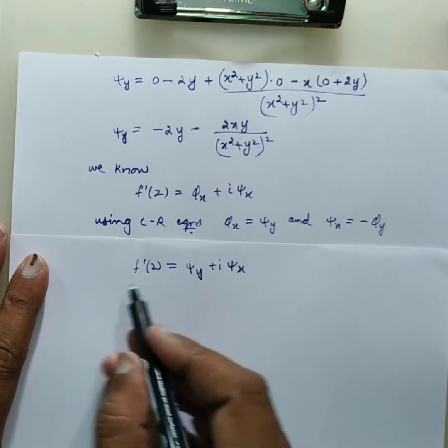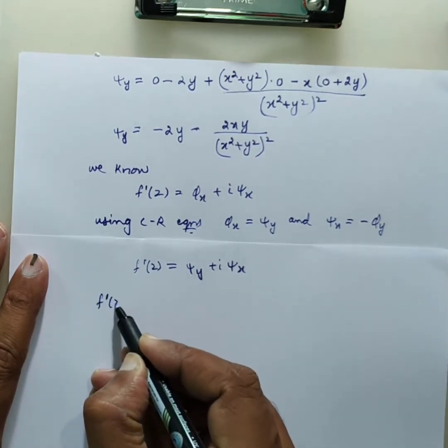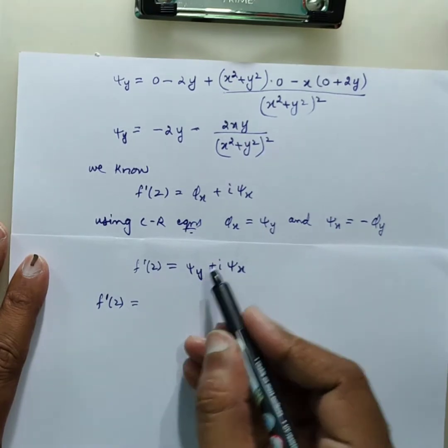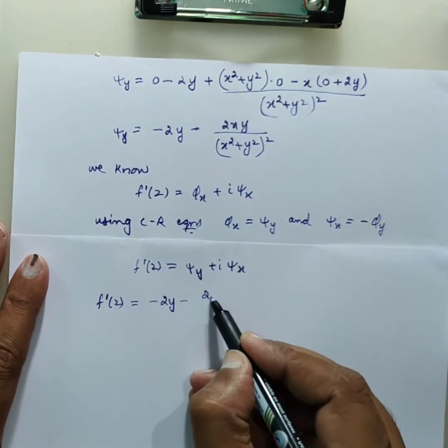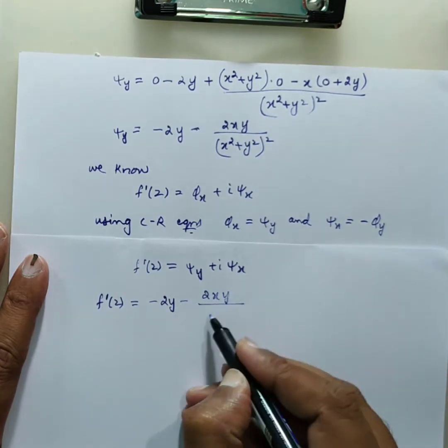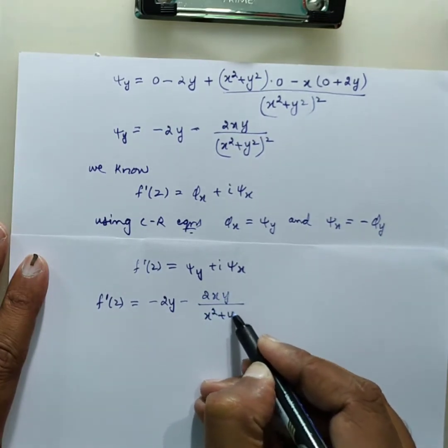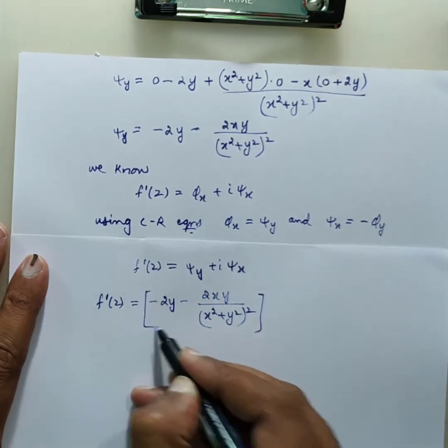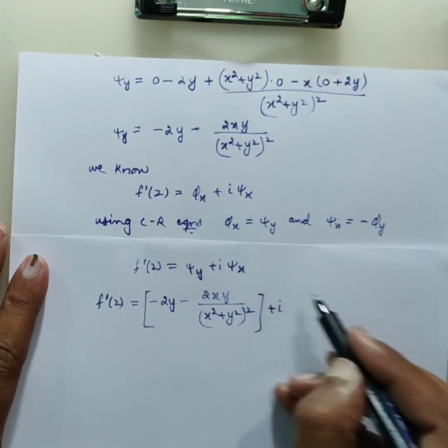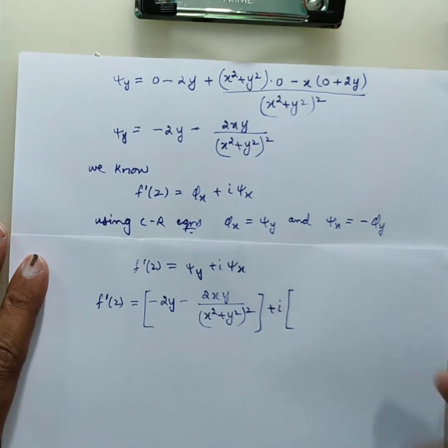So let us plug in these values. f dash of z is equal to, psi y value is known, it is minus of 2xy divided by x square plus y square whole square, plus i into the psi x value, which is known to us.